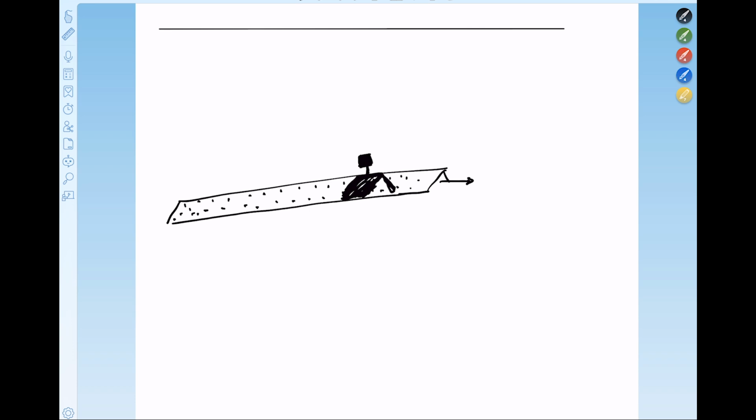The purpose for the width of the flag is that whenever the glider is passing through the photo gate, the photo gate, using the width of the flag, which is also given, will give us the velocity. Okay, so very simple.